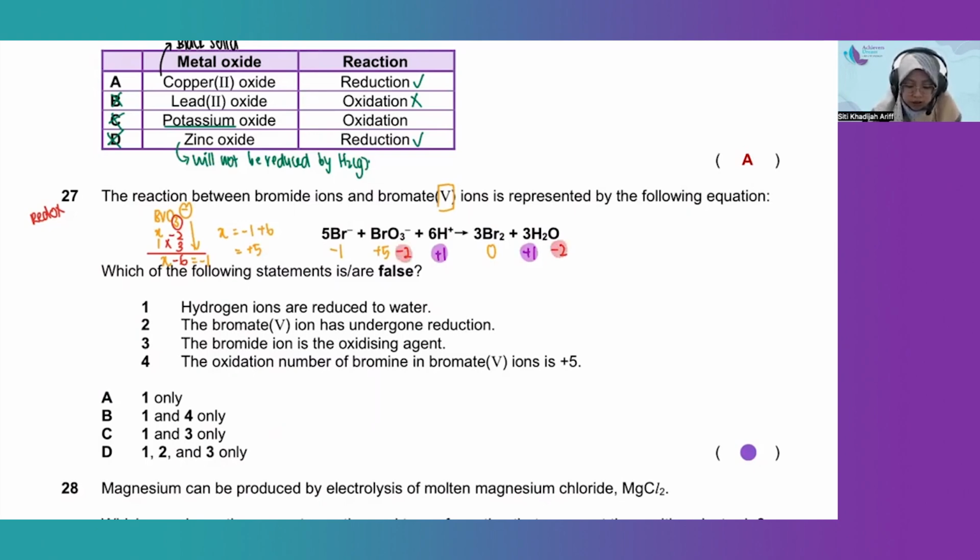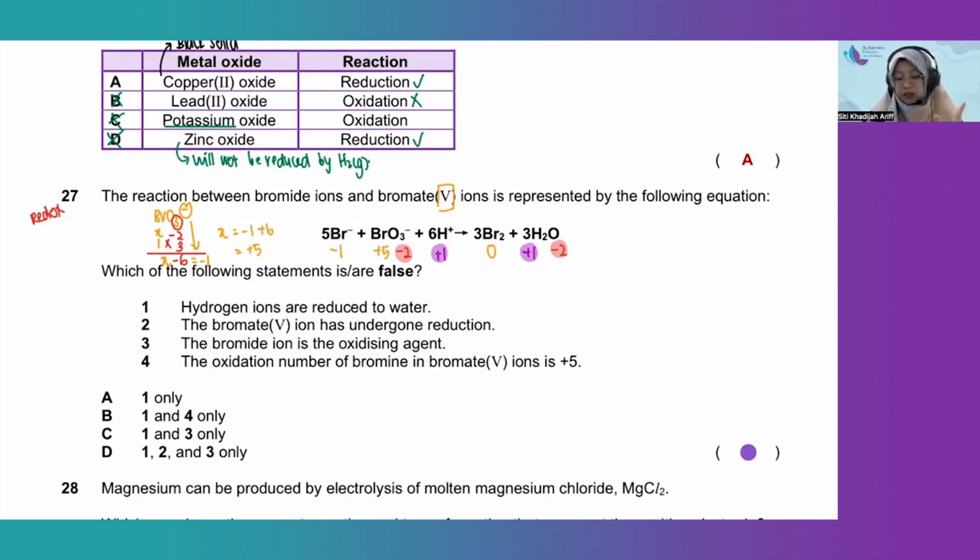There is no change. So hydrogen and oxygen are neither oxidized nor reduced in this reaction. H plus is neither oxidized nor reduced, and the oxygen in the bromate ion is also neither oxidized nor reduced.